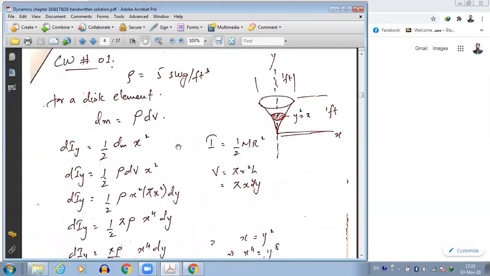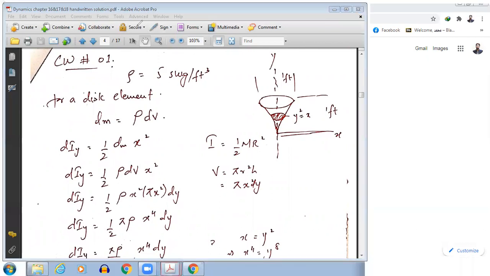How did we start? Look, we know that dm is equal to rho dv. It's basically that mass is density times volume, so differential mass is equal to rho dv. Now, we started from here. Since we took the disk element, we know the formula is I is equal to half m r square.